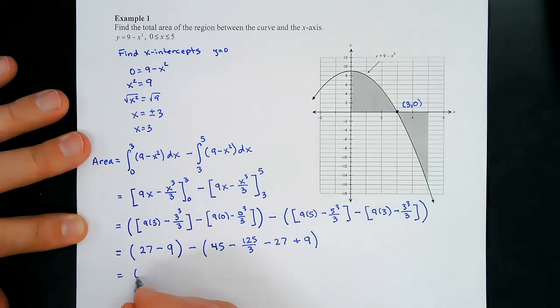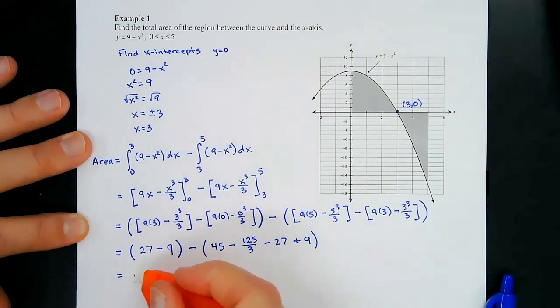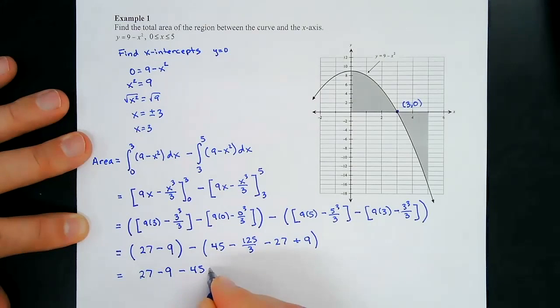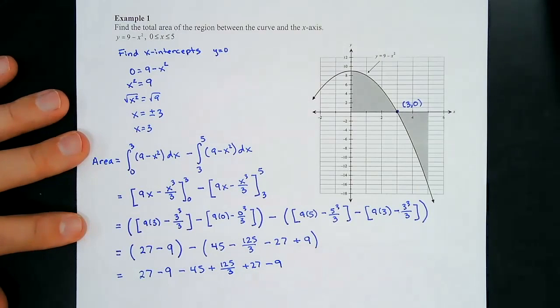I don't even need the parenthesis anymore. So what we have is 27 minus 9 minus 45 plus, all of these are going to be opposite signs, 125 over 3 plus 27 and then minus 9.